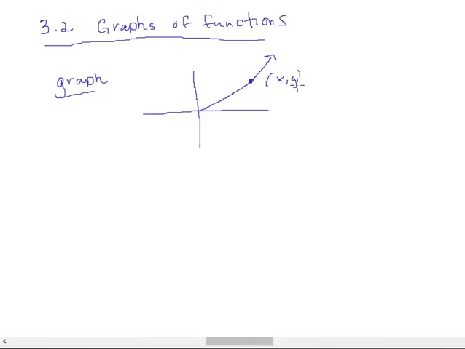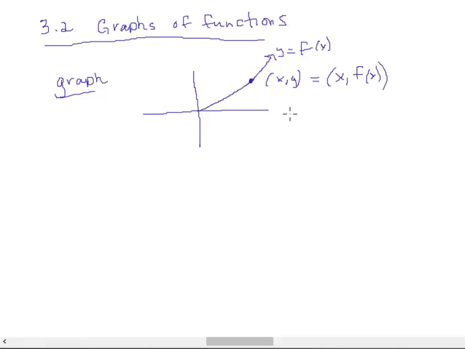So now every (x, y) point on the graph of some function, so let's say this is just y equals f of x, every (x, y) point can now be thought of as (x, f of x). And that's a really important relationship to understand.